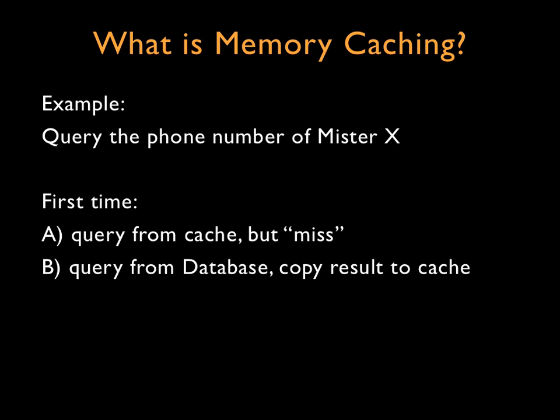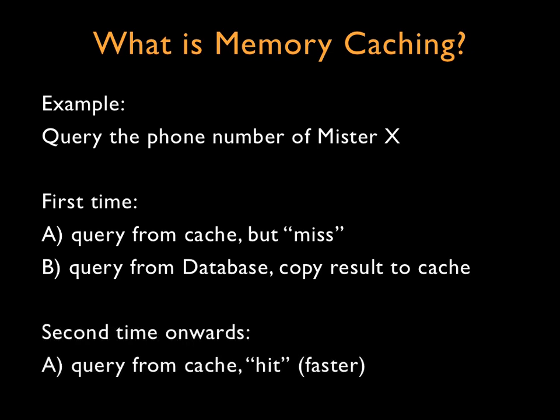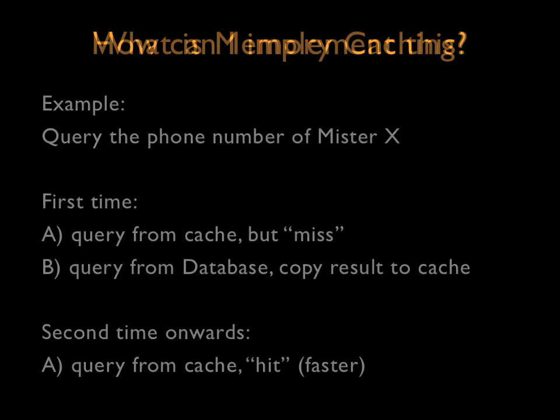You don't find the data. So you query from the database, and then you also copy the result to your cache system. The second time onwards, every time you query the same data from your cache, you will hit the data. And the cache system will be able to answer your query much faster than the database.